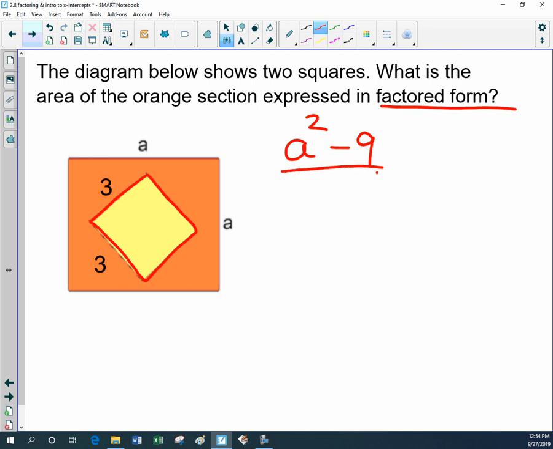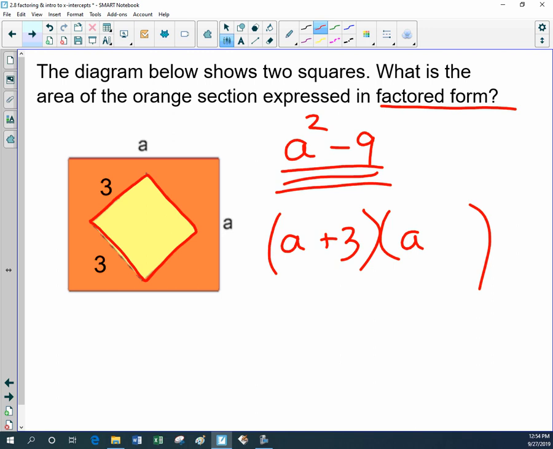Well, this is our special case. A squared minus 9 is difference of perfect squares. So how would that factor? A plus 3, A minus 3.